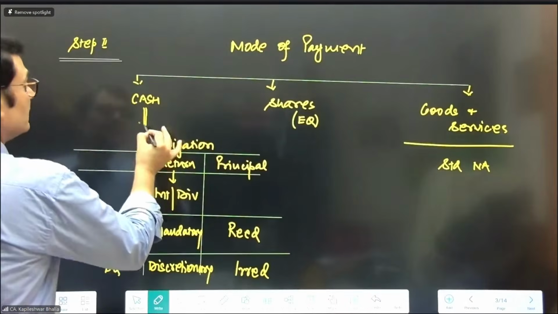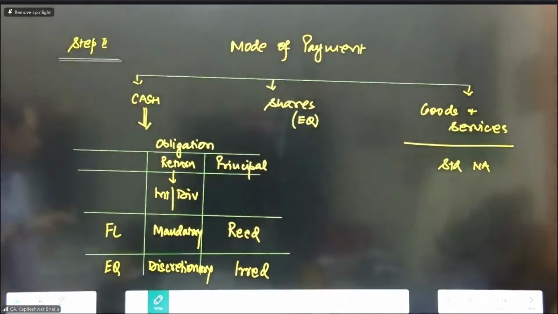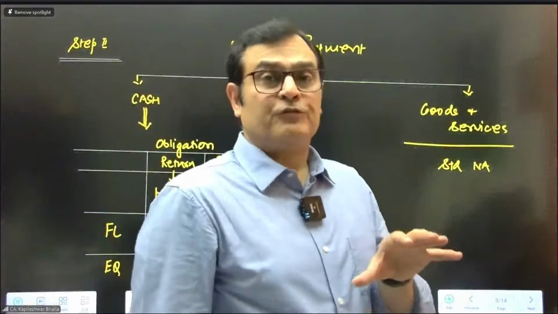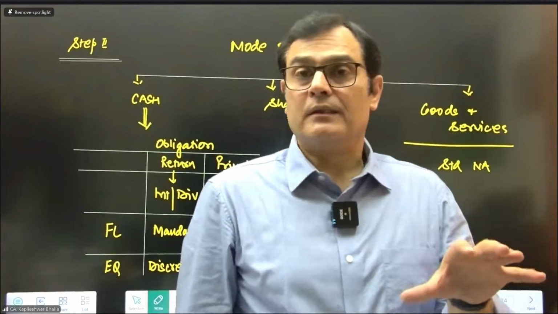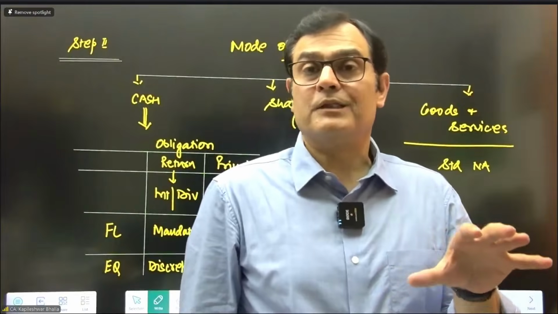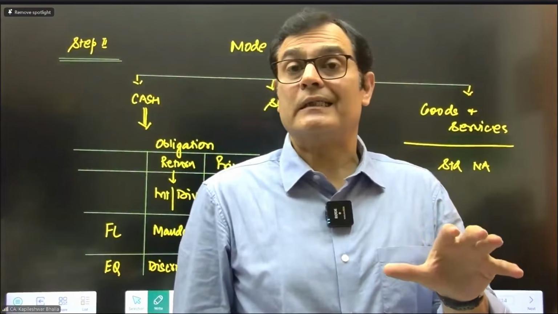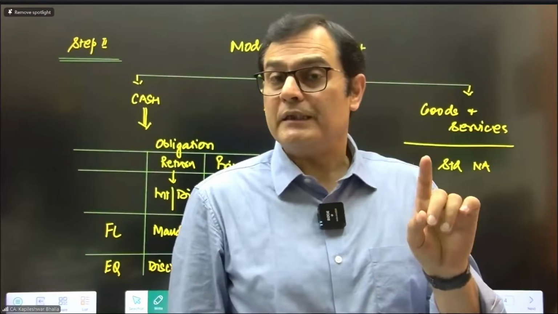So the moment you see the mode of payment is cash, you need to keep these generic terms in your mind. If it's a mandatory return and a redeemable principal, it's a financial liability. If it is a discretionary return or irredeemable in nature, it's an equity instrument.